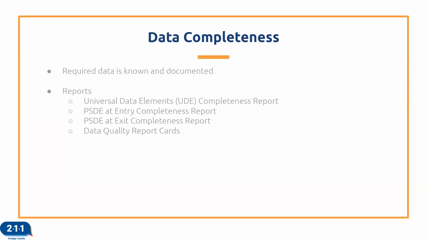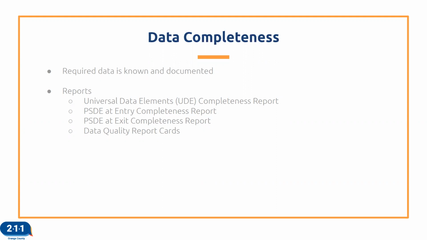In addition to the Universal Data Elements Completeness Report, we also have program-specific data elements reports that look at entry and exit data. That's all the other fields on the enrollment screen, like the disability types, income, health insurance, non-cash benefits. All that can be found on the program-specific data elements completeness reports.